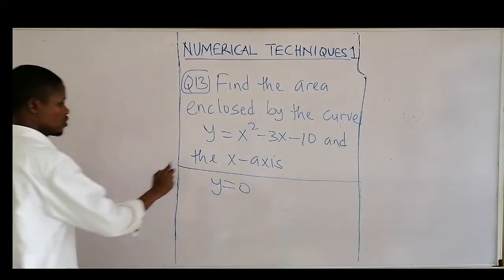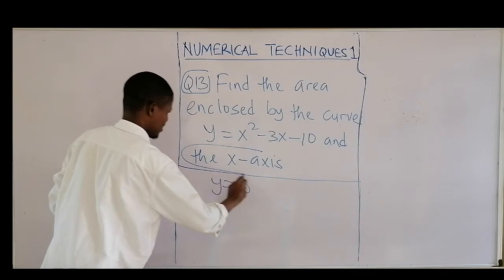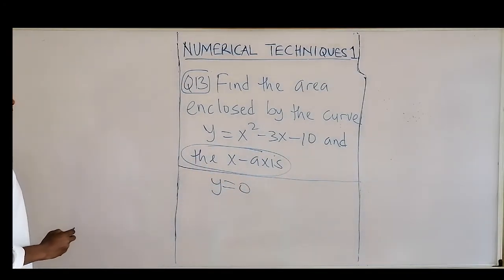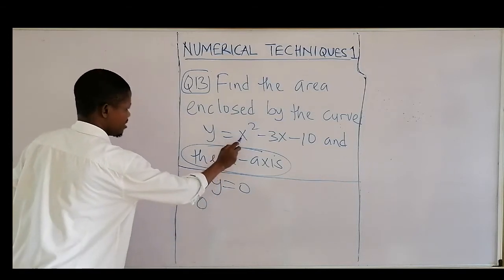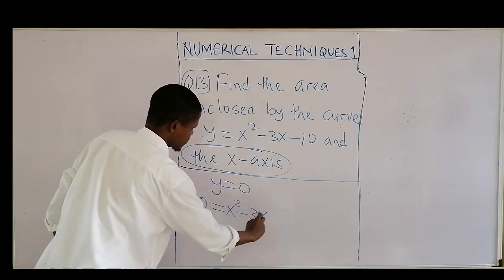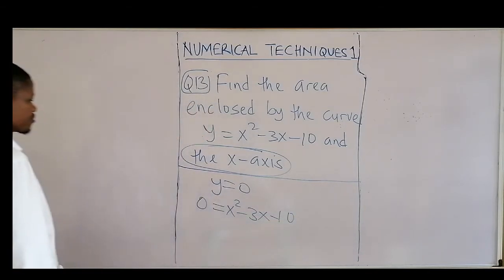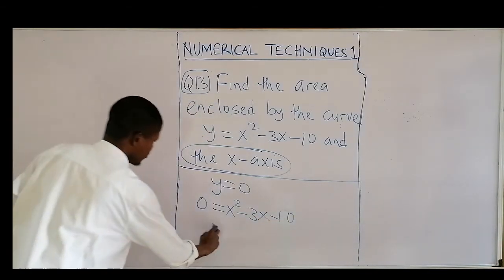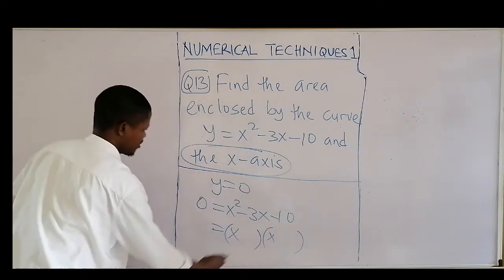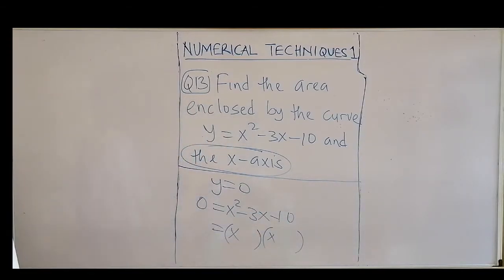So this one and the x-axis, that means y is 0. Then let's plug in y equal to 0 into the equation of the curve, x squared minus 3x minus 10. Let's solve that. Factorize this. This is 10. Factors of 10 are 5 and 2.